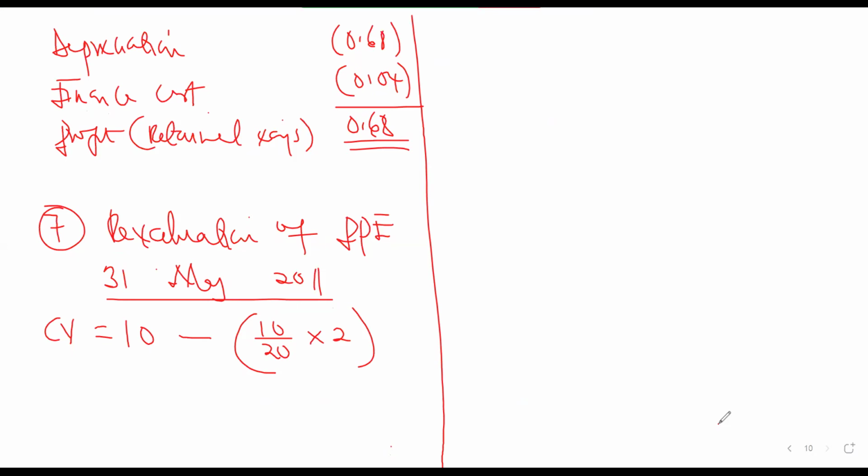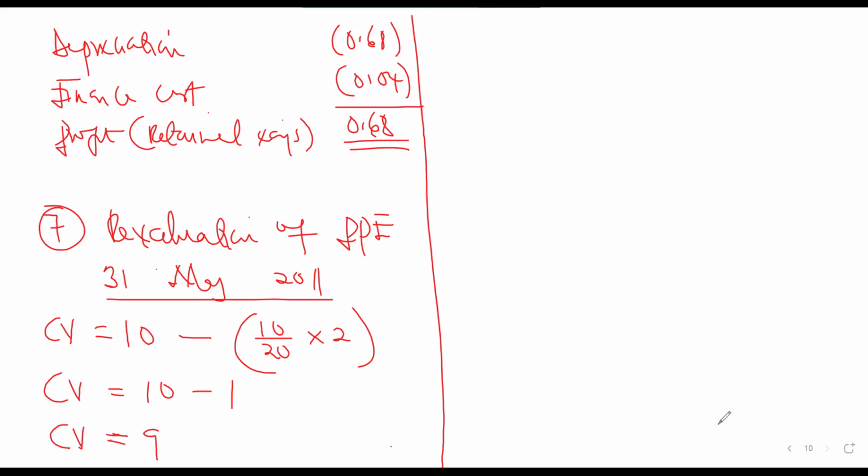Because we have done 2 years already, the accumulated depreciation should be for 2 years. 10 over 20 is just a year. So if you want 2 years, you have to multiply that depreciation. So we have the carrying value to be equal to 10 minus what? 1. Okay. So we have the carrying value to be 9, isn't it? Okay.